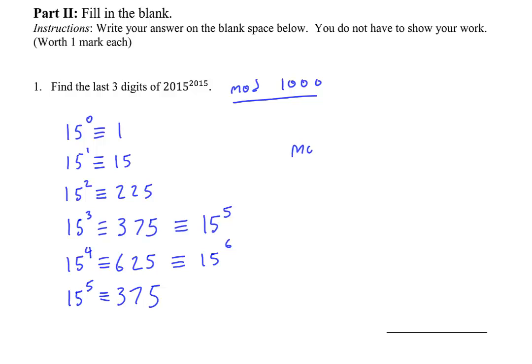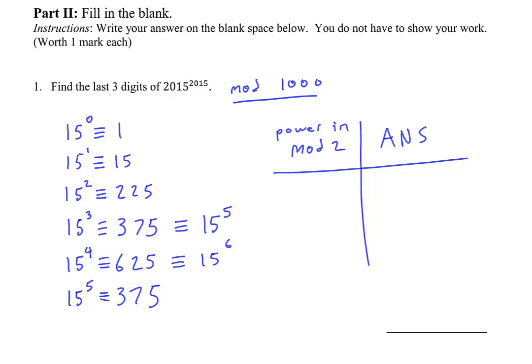So the power in mod 2 is of interest, and that will give us the answer to this problem if we convert it correctly. So if the power is 1 in mod 2, so those are the odd numbers, like the power of 3 and the power of 5, our answer is 375.